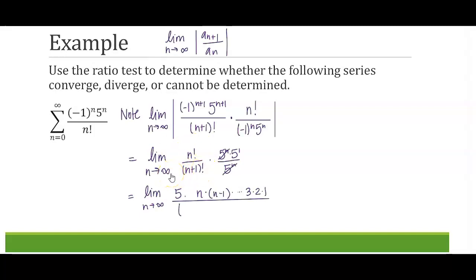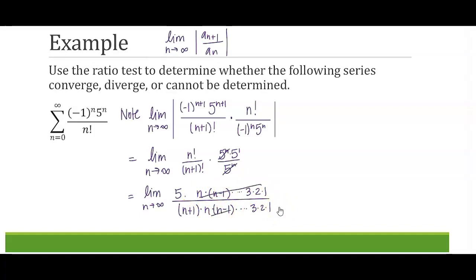So that means I'm going to start at n plus 1, and then the next integer down would be just n, and then times n minus 1, and then times all the way 3 times 2 times 1. So in other words, everything n over is going to cancel out.